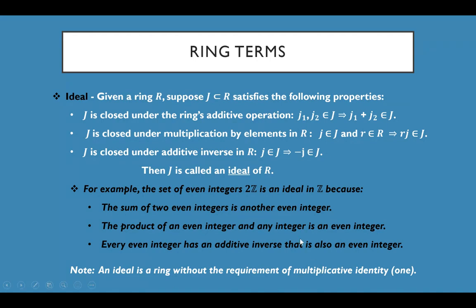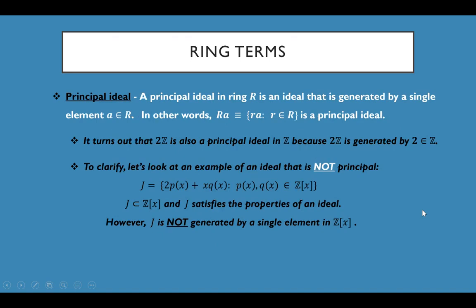However, it is missing the identity, so we would have to say that it is a ring without multiplicative identity. So it's missing unity. A principal ideal is a type of ideal that is generated by a single element in our ring R. In other words, R times A, where every element in R is multiplied by a single element.